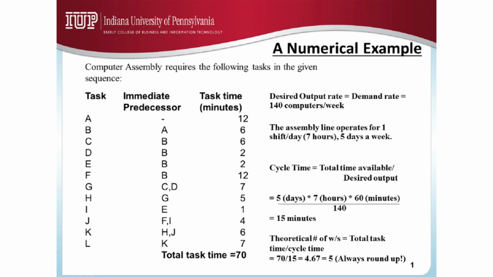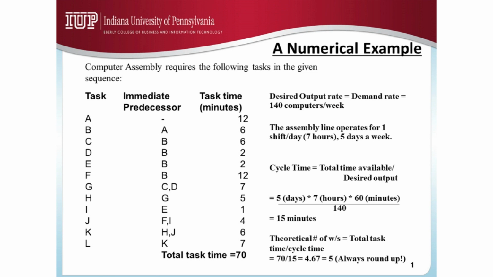The next thing that you want to do is, what is the theoretical number of workstations that you will have? The total task time is 70 minutes. This is the time that you require to do each of these tasks. Now we are going to assign these tasks to different workstations, each of which will take 15 minutes.